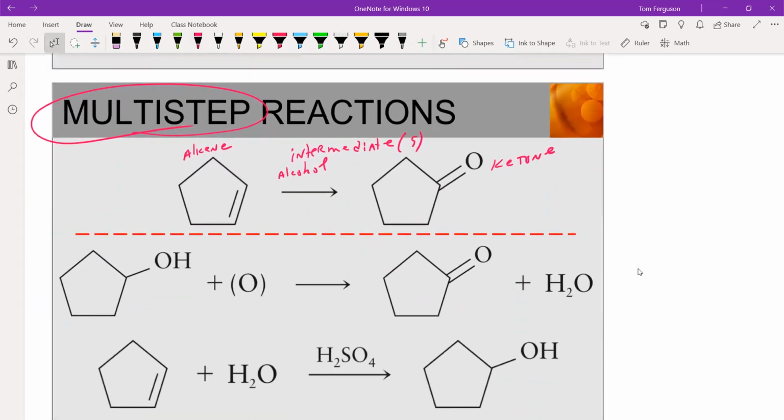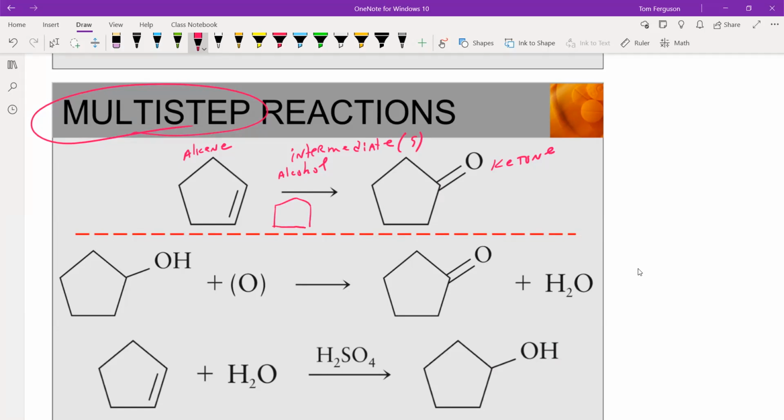Usually in our class, except for ethers, and there's another class in Unit 2 we're going to talk about, but as far as Unit 1 goes, basically the reactions are all going to have the same backbone. The backbone we're talking about here is a 5-sided cyclic group.